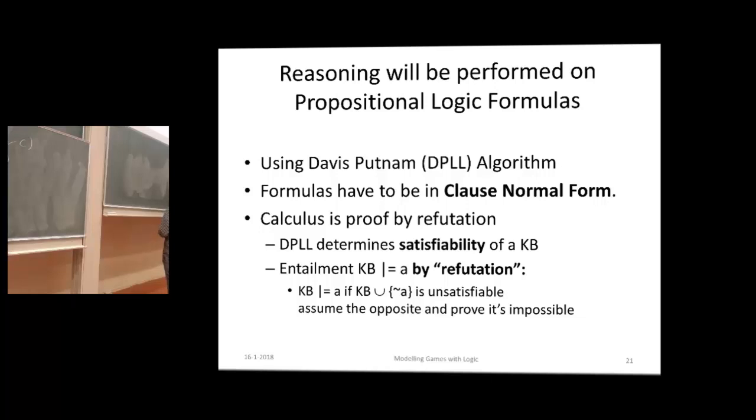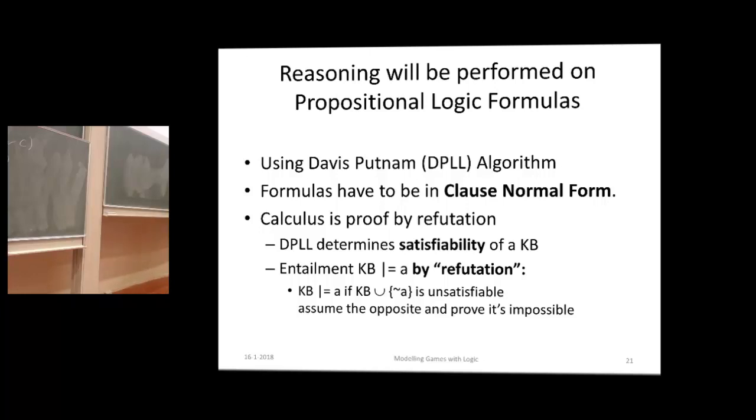If I have a knowledge base and I want to check whether a formula follows, this entailment is logically the same as, if and only if, I add the negation of the formula itself, this is unsatisfiable. Which means that I cannot find a model for this.